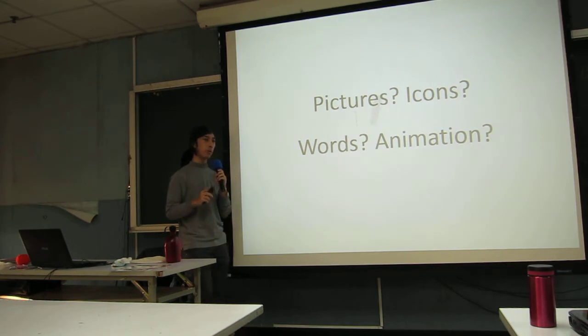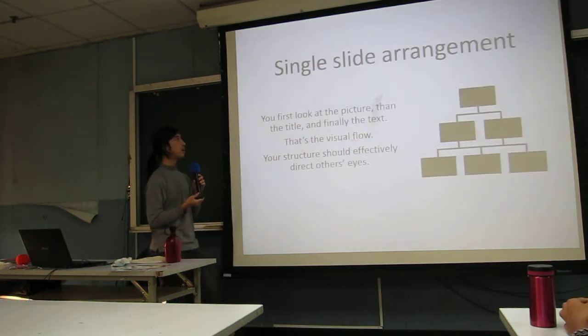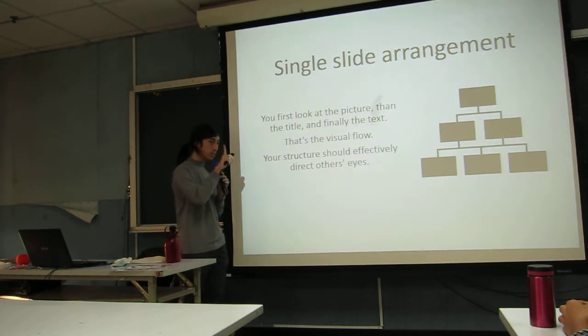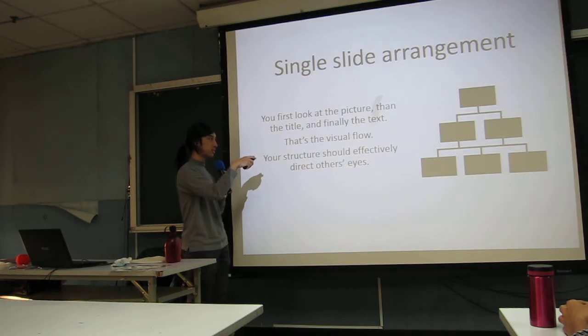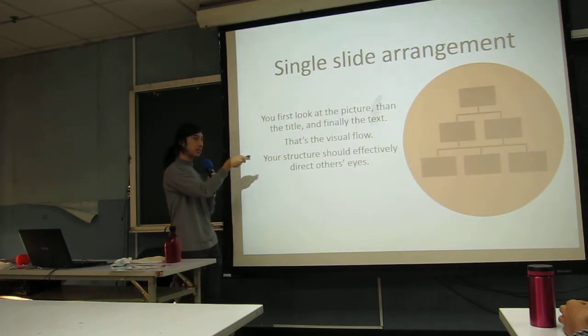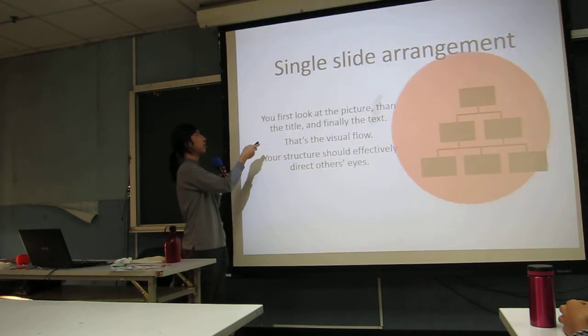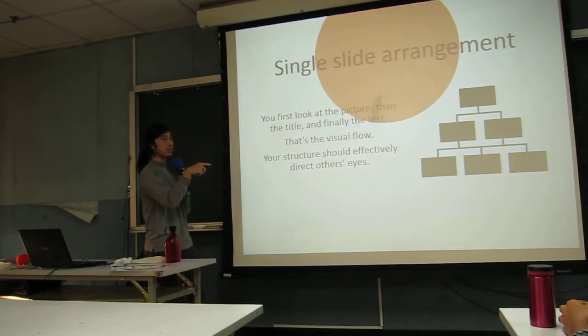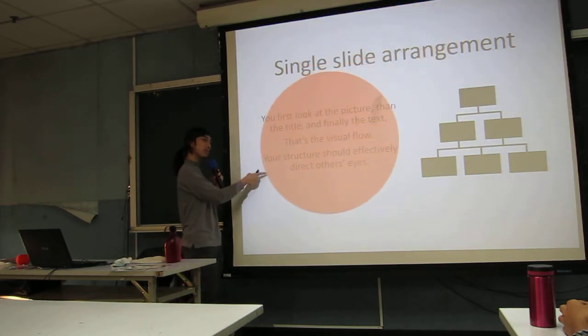And also, one thing I didn't mention was single slide arrangement. What does it mean? At your first sight on this slide, first you look at the picture, then you move your eyes to the topic sentence, and finally to the text.